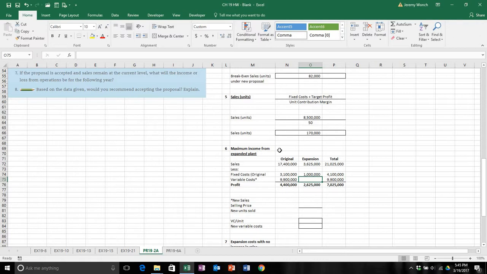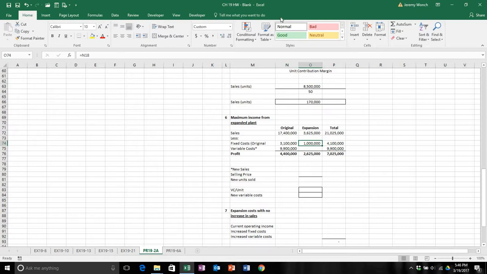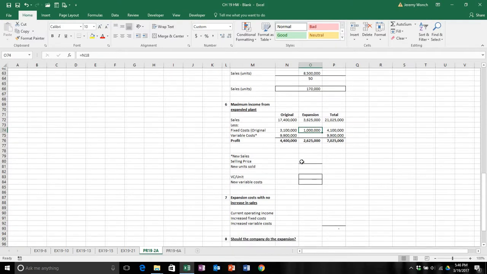And so now we have to figure out how much more additional variable cost we're going to have. If we're going to have more sales, that means we're going to sell more units, which means we're going to have more variable cost.